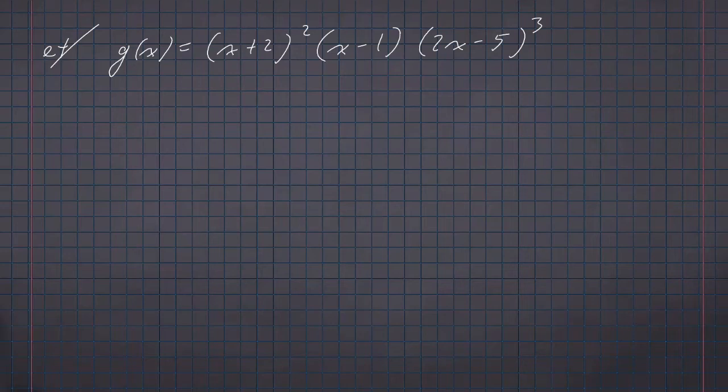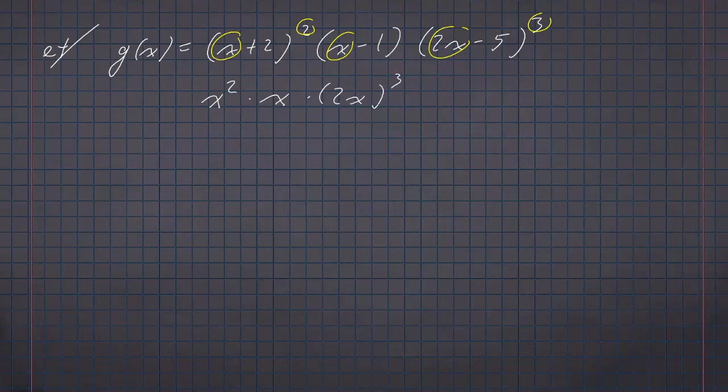The first thing I'm going to do is get all of my lead terms together as x squared times x times 2x cubed, which all told is 8 times x to the 6th power.